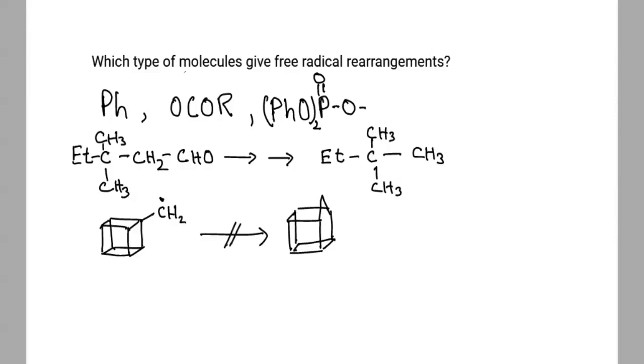So under normal conditions, if an alkyl group is present at migration origin, no rearrangement will occur.